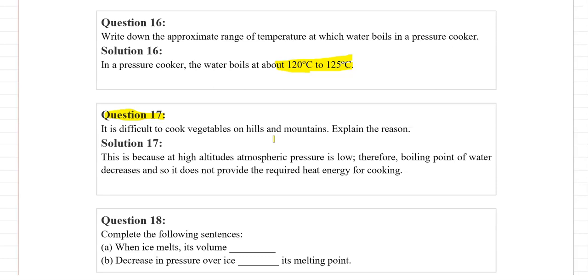The boiling point of water is lower than the boiling point at sea level, so water starts boiling at a low temperature, and the vegetable is not cooked properly. The answer is that at high altitude atmospheric pressure is low, therefore the boiling point of water decreases, so it does not provide the required heat energy for cooking. So in this region we have to use a pressure cooker.